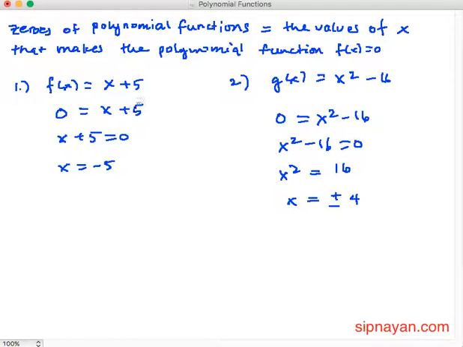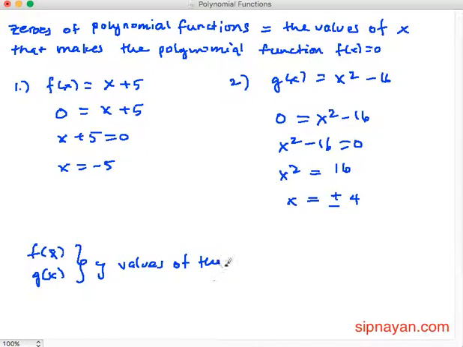Now, kung tayo ay siniset natin yung f of x or yung g of x, or in general the value of y, diba f of x equals y? Yun yung y value. Ang f of x and g of x are the y values of the function.